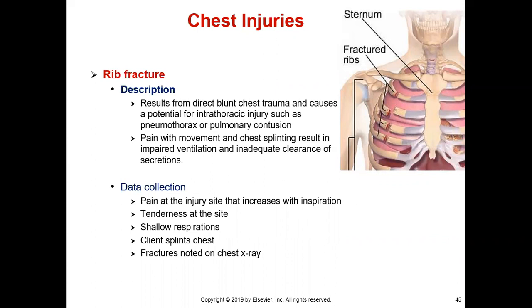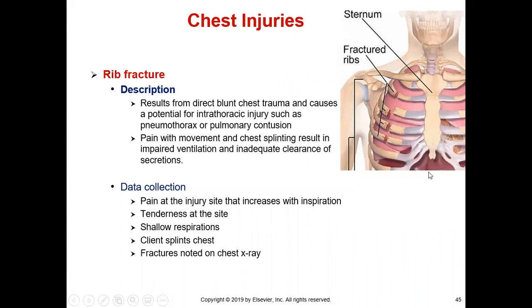If any patient has chest injuries, fracture of the ribs, or trauma, they usually present in the hospital with pain at the injury site that increases with inspiration. This is the characteristic of chest injury pain. Also tenderness, shallow respiration or altered respiration rate, and the client splints the chest. A fracture is noted on chest X-ray.